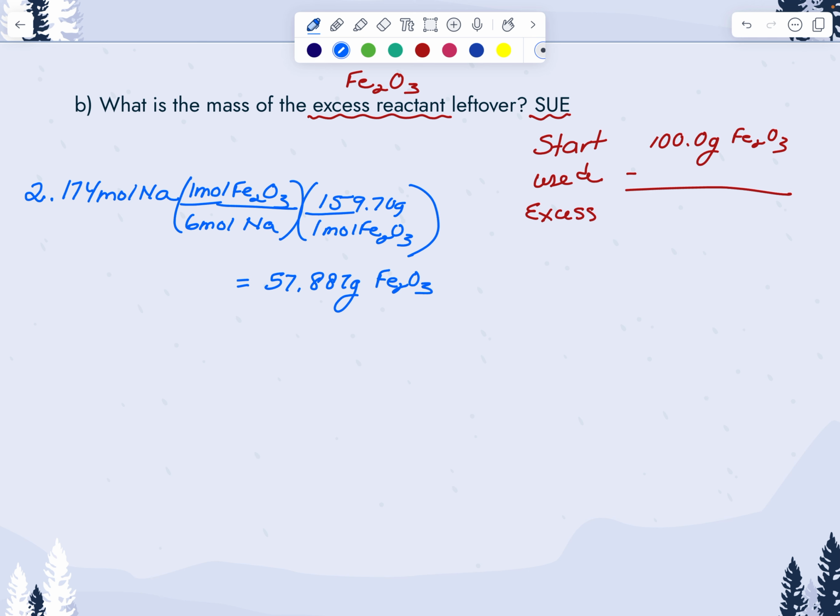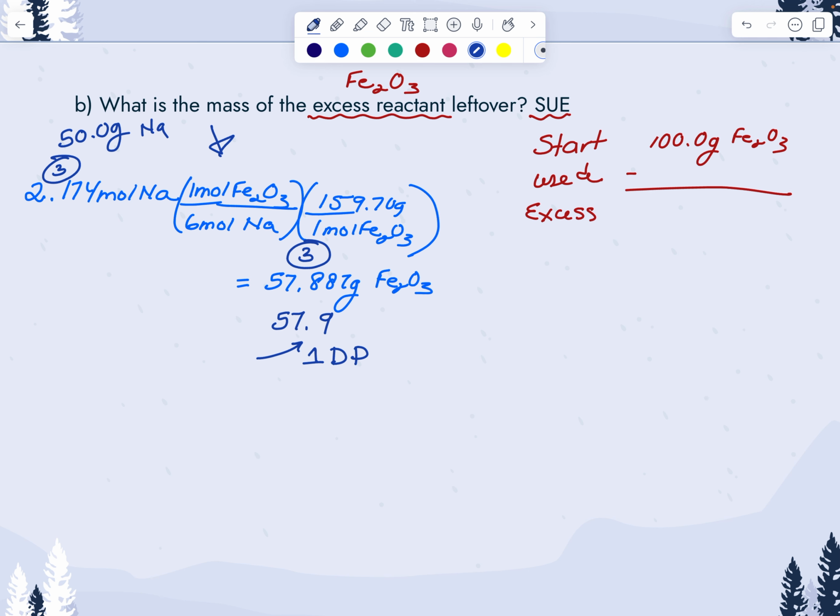Okay, before I start moving on to actually doing the subtraction, I need to remember that subtraction deals with decimal places, but the multiplication and division I did here deal with significant figures. Remember what I started with: 50.0 grams of Na. So if this number only had 3 significant figures, my answer would only have 3 significant figures, 57.9. How many decimal places would that number have? Well, it would have 1 decimal place.